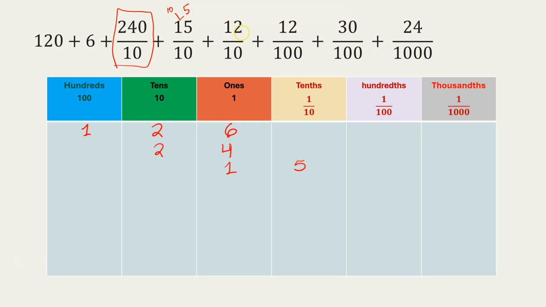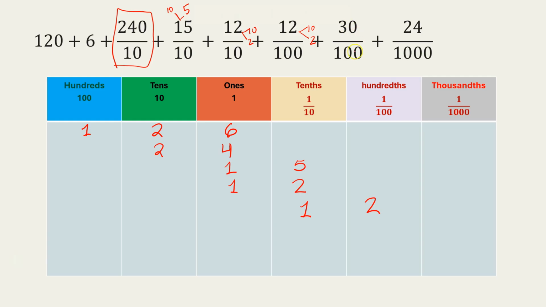Again, this right here is going to be 10 and 2, right? So that would be 1 whole and 2 tenths. So we're just doing some accounting here, okay? And then this right here is going to be 10 hundredths and 200th. 200th is going to stay here, but 10 hundredths get moved up to be 1 tenth.